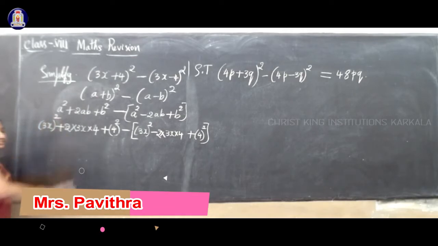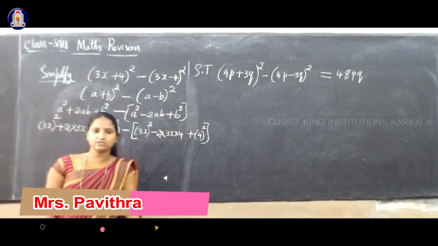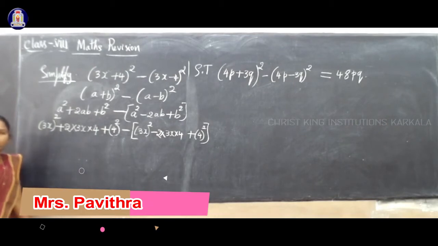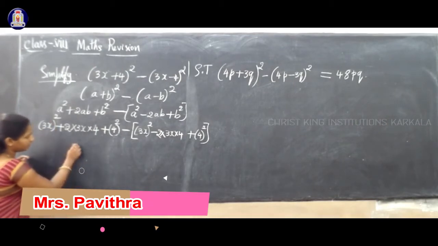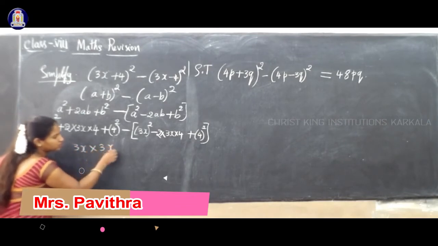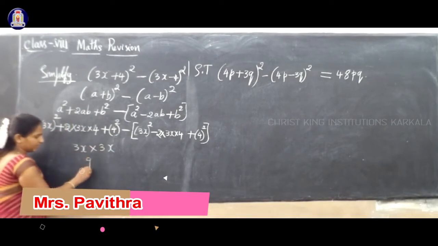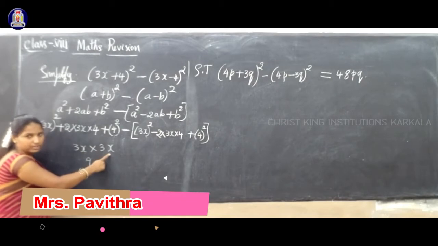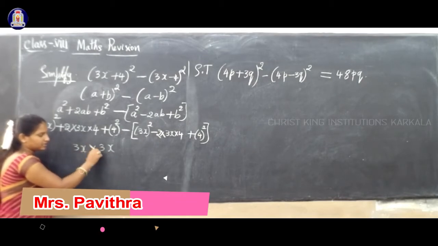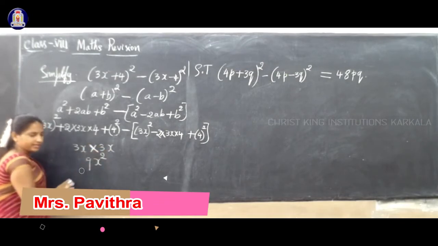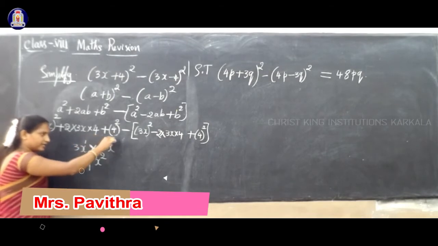Now see (3x) whole square. (3x) whole square means how many times we have to multiply 3x? 2 times, isn't it? (3x) whole square means 3x into 3x. So what is 3 3s? 3 3s are 9, and x into x. So you have to multiply the variable also. Clear? We cannot add the variable here, this is a multiplication. So x into x, that is x square. That means x power 1 and here x power 1.